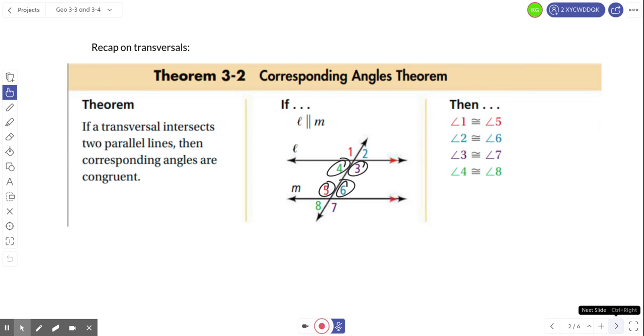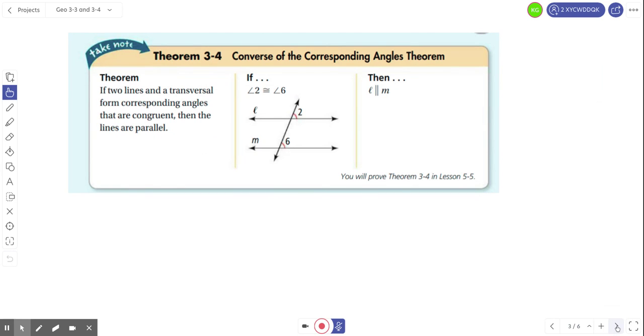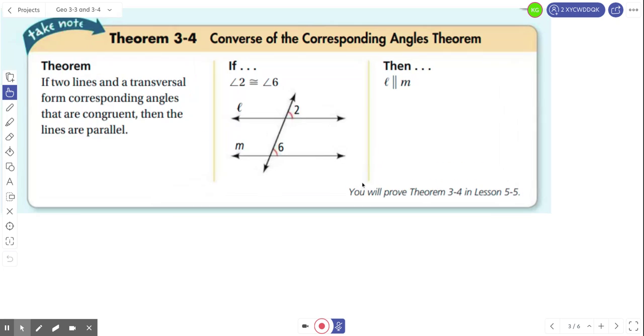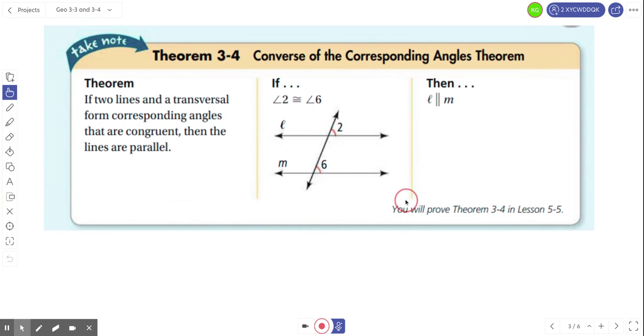What can we learn that's new about parallel lines? Well, we can do the converse of the corresponding angles theorem, which means instead of saying if the lines are parallel, then the angles are congruent, we can also say the backwards version of that, which is if the angles are congruent, then the lines must be parallel.